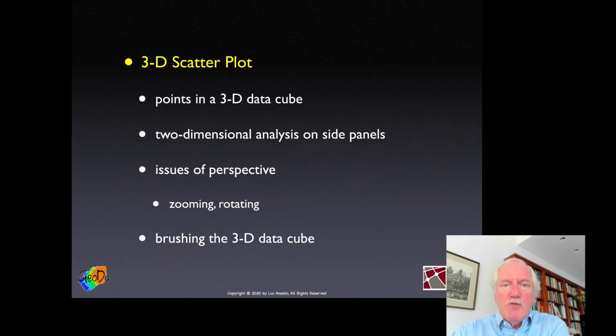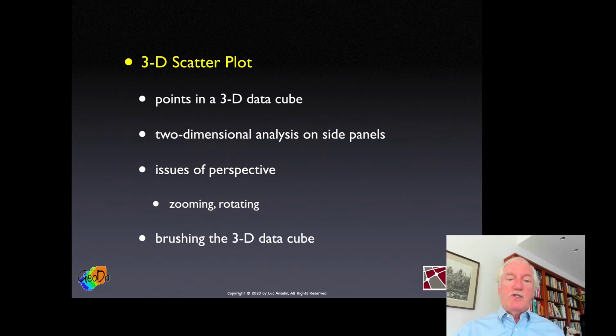But if you've ever worked with a 3D data cube, you might know that it's not that easy, because it's not really 3D. You are not in virtual reality walking in a 3D data cloud. Now, I could talk about that too, but unfortunately at this point, GeoDa doesn't yet implement this. So, in essence, the 3D scatter plot is projected onto a 2-dimensional screen or a 2-dimensional piece of paper.